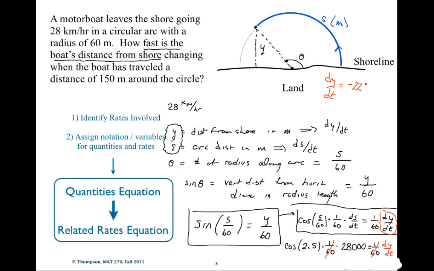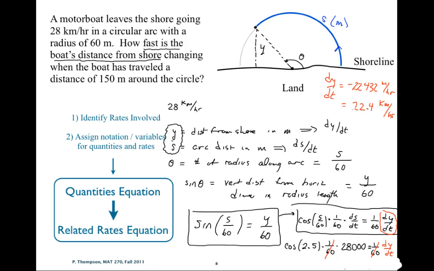Negative 22,432.02 meters per hour. That would be meters. Right. Which is, we can go back to kilometers, negative 22.4 kilometers per hour.